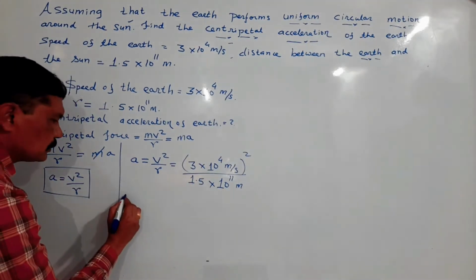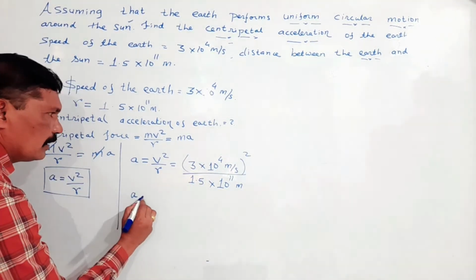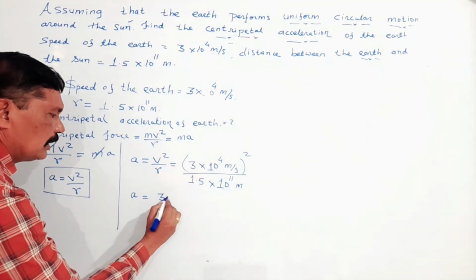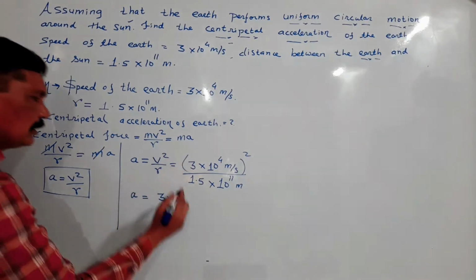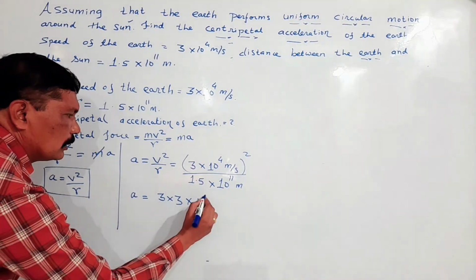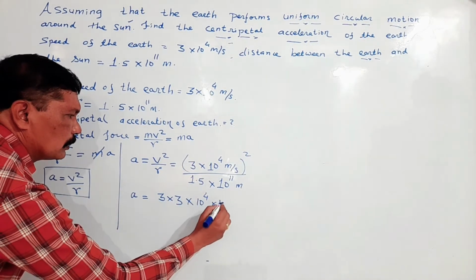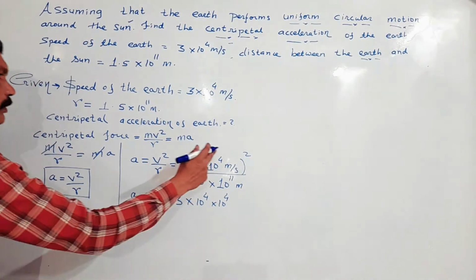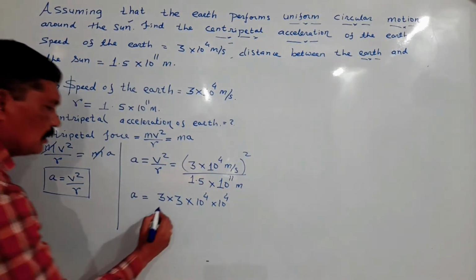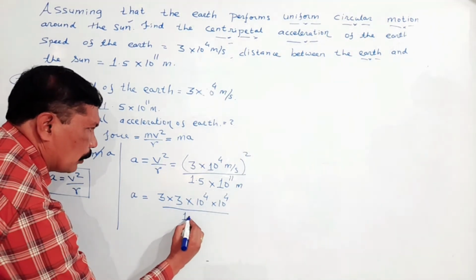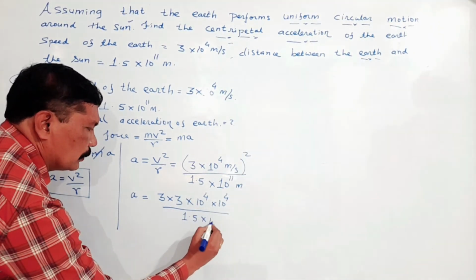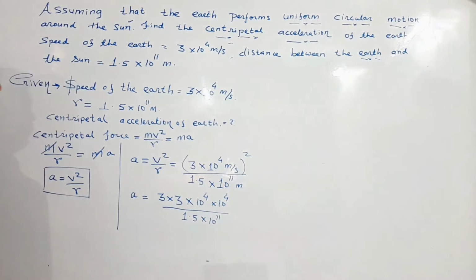So here we can write a is equal to 3 into 3, that is 3 square, into 10 to the power 4 into 10 to the power 4, because 10 to the power 4 square is there, upon 1.5 into 10 to the power 11.